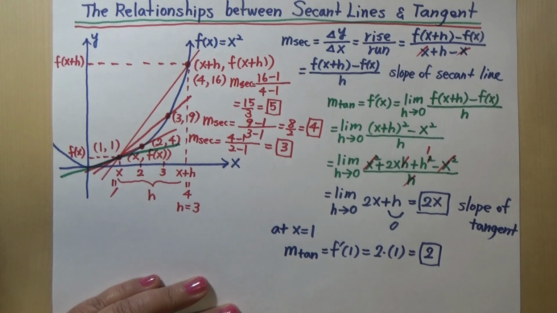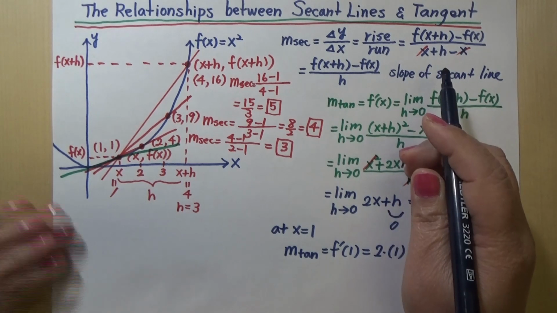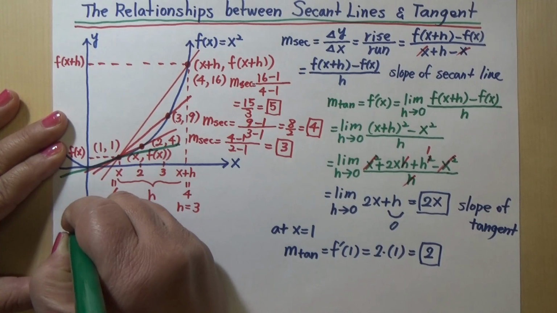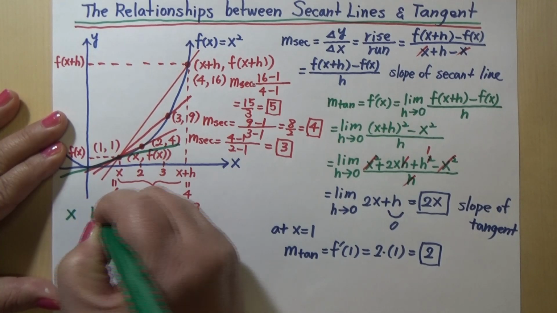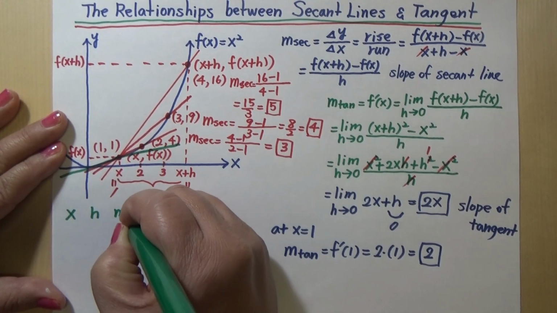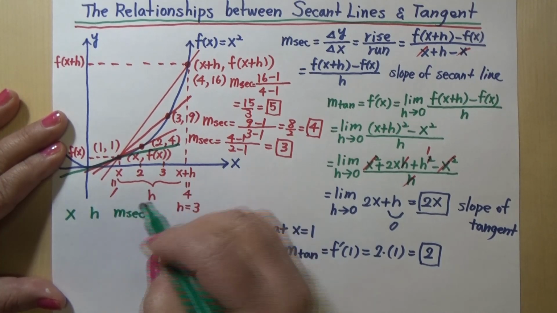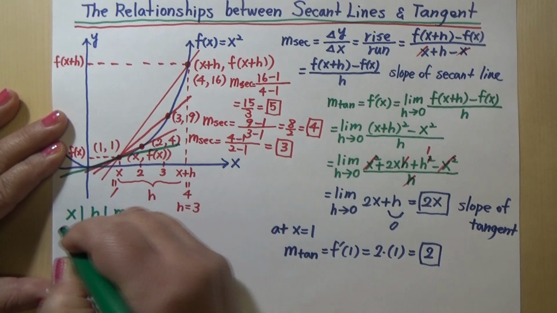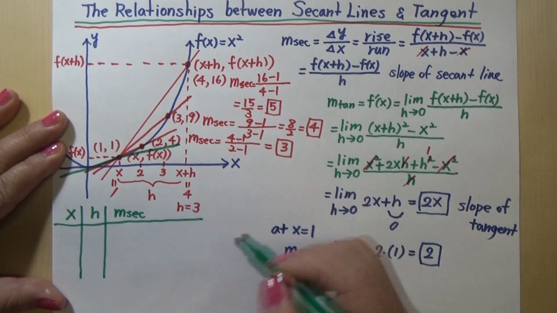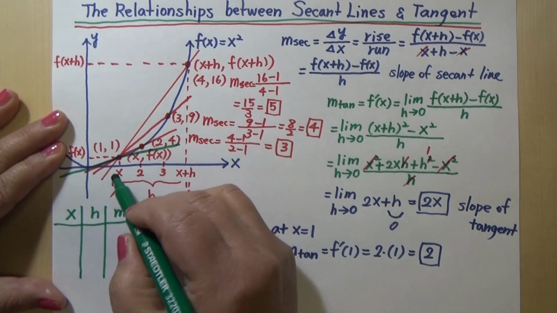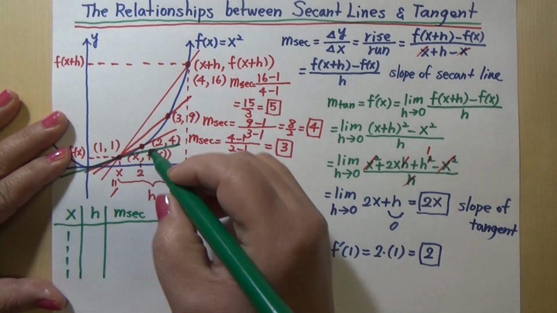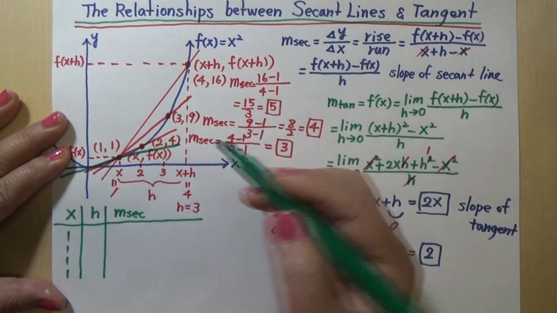So now I'm going to make a summary. We have x, h, and the slope of the secant line. x is always 1, 1, 1, 1, so h is going to be different.